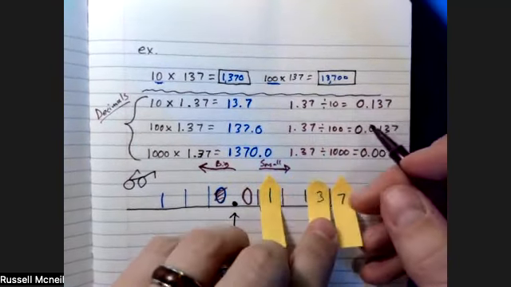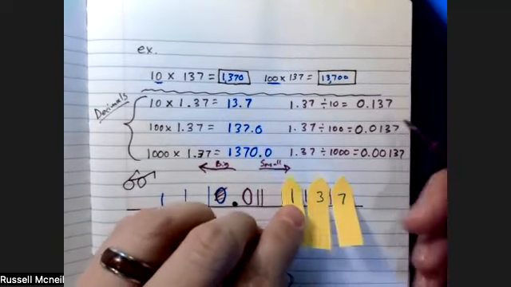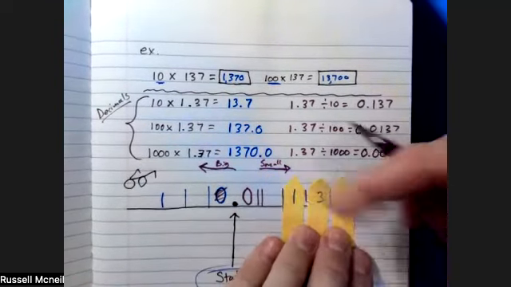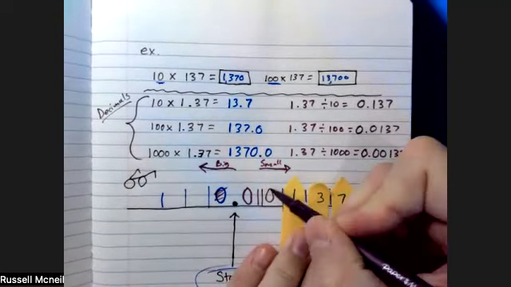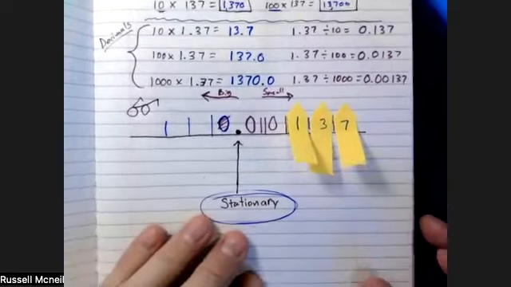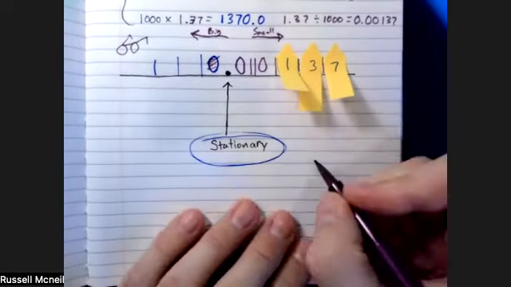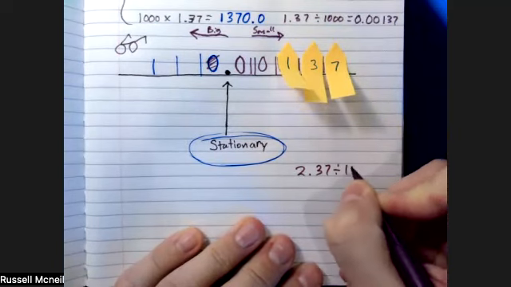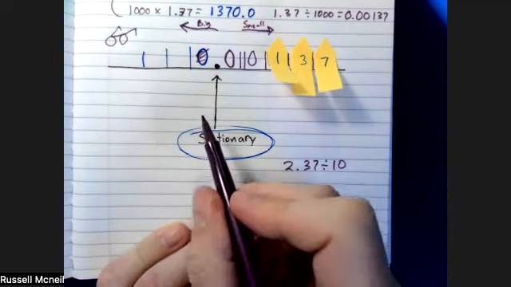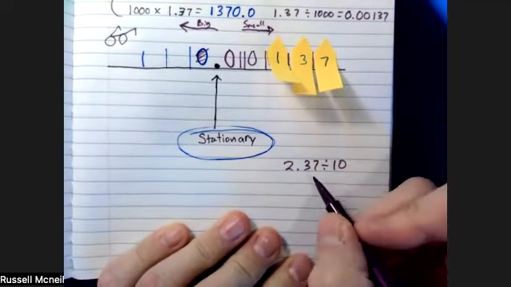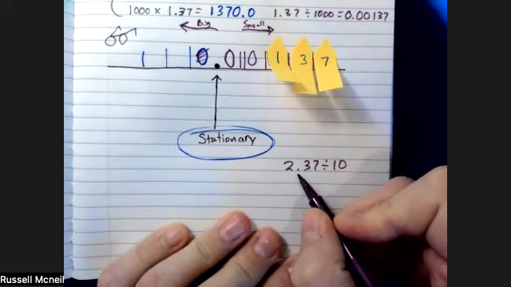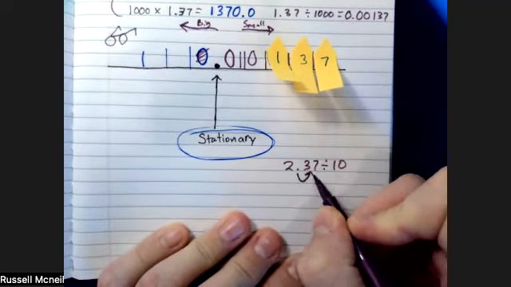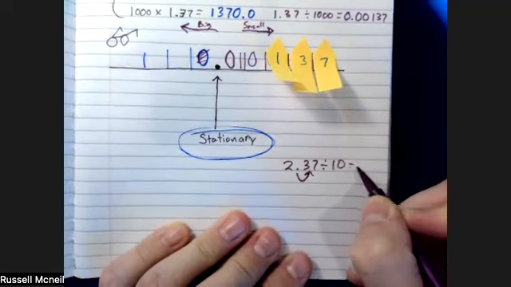Now, this works really well when we have Post-its. When you are working this out for a problem, let's pick an example. I have 2.37 divided by 10. I know I talked about this being stationary and it doesn't move, but when you're working the example, just move it. We're going smaller. We're moving to the right one space.